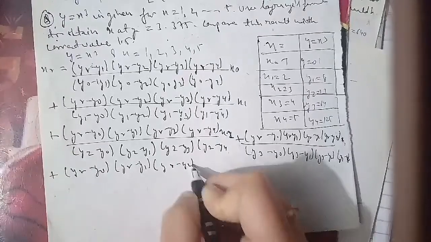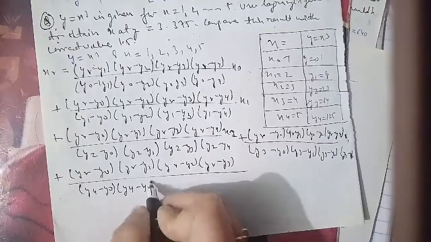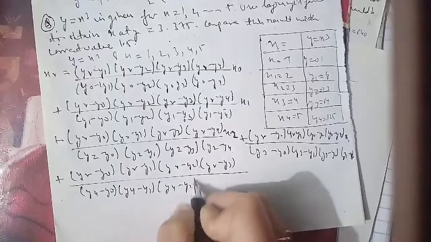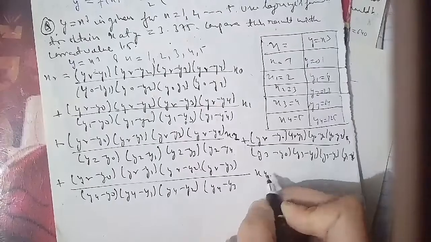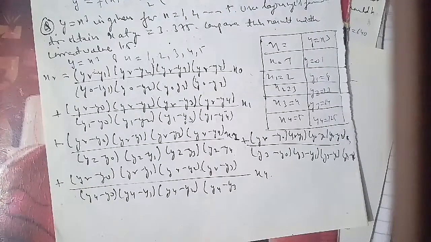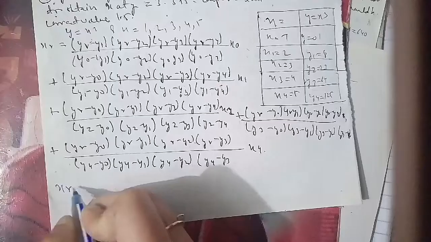So xr equals 3.375 minus 8, 3.375 minus 27, 3.375 minus 64, 3.375 minus 125, into 1, upon 1 minus 8, 1 minus 27, 1 minus 64, and 1 minus 125.